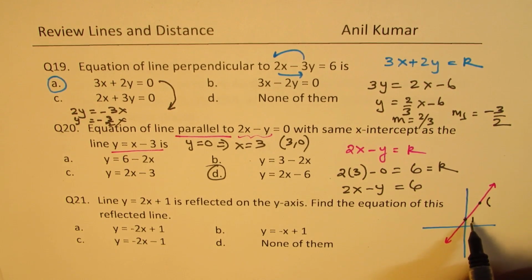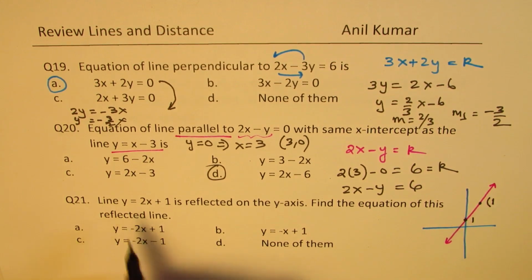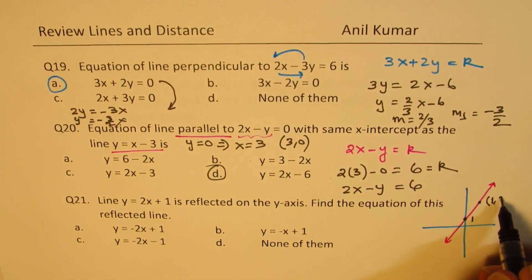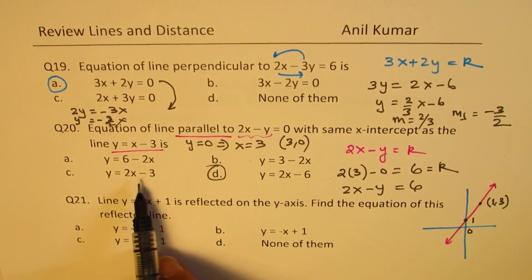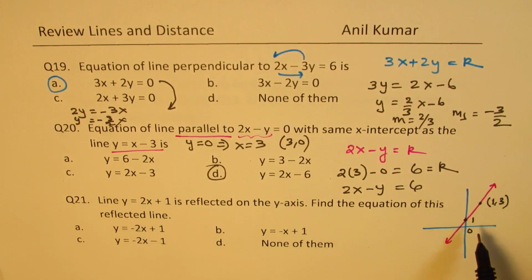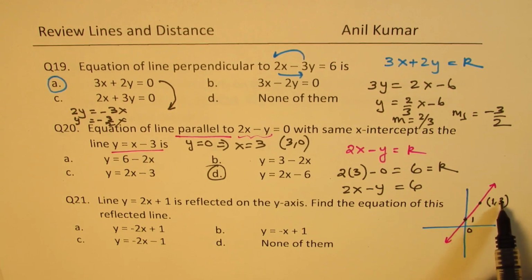This is 0, 1, right? So the rise is 2. So add 2 to this, you get 1, 3 as the second point here, correct? This point is 0, 1. So when slope is 2, that means rise is 2, run is 1. So add 2 to the y value, 1 to the x value.